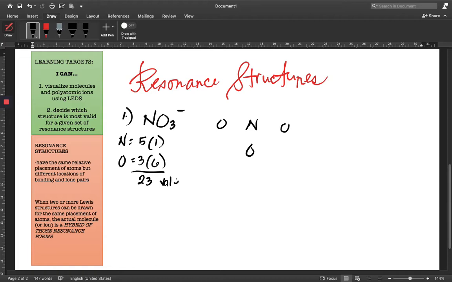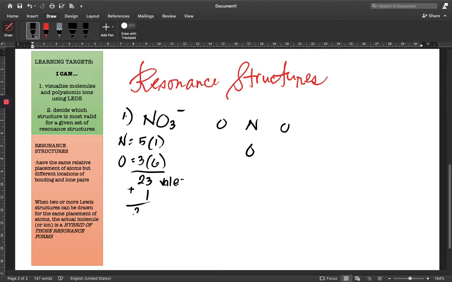But you have noticed that there is a charge, so be very careful with this charge because it actually means something. It means that to the group of atoms in NO3, there is an additional 1 charge. If the number is not reflected, it is actually 1. So the total number of valence electrons has 1 more due to the negative sign.